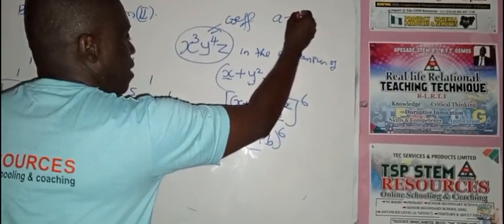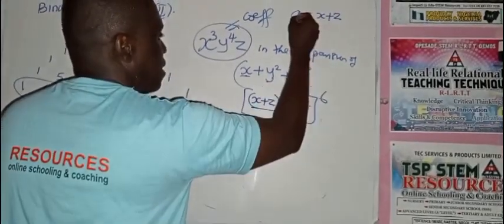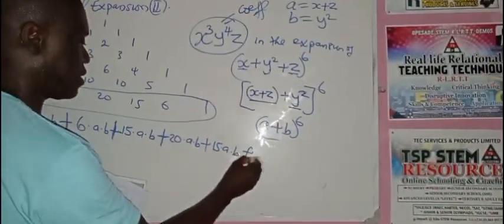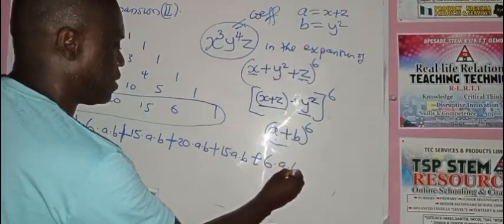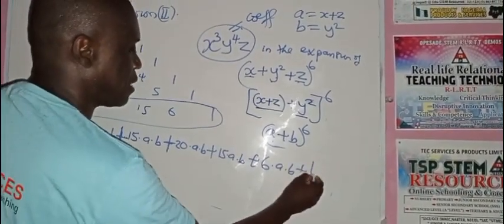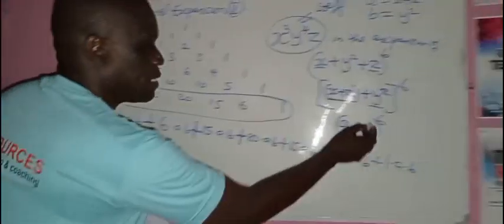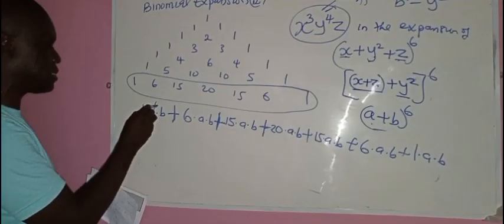Don't forget, let me write it here, that our A is x plus z, our B is y squared. So, plus 6 dot A dot B, then the last one, 1 dot A dot B. Now, the highest exponent is 6, so we start with 6 raised to power 6.